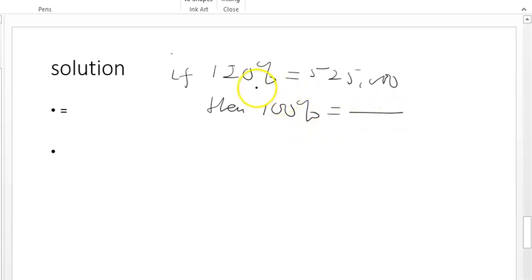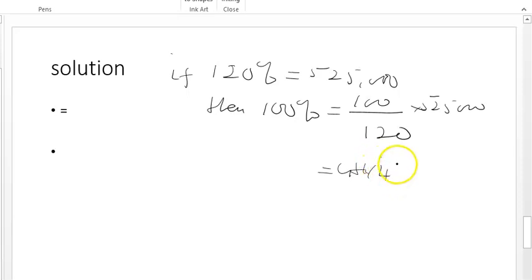If 120% is 525,000, 100% equals less, so we divide by 120 and multiply by 100, times 525,000. When you press this, you get 437,500.